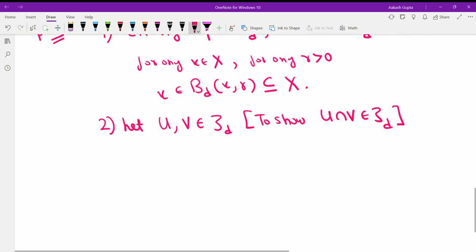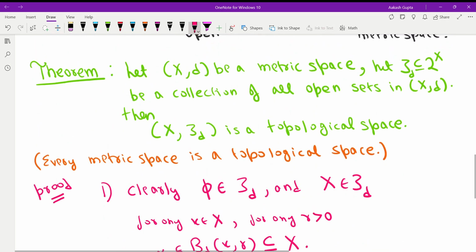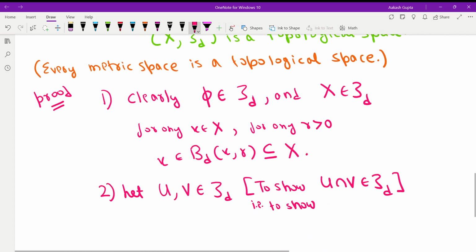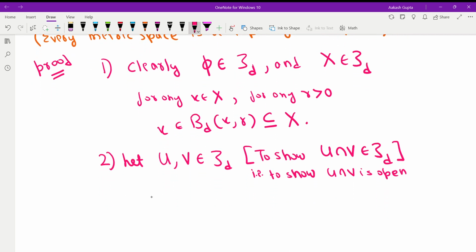Let us see why this is happening. To show that, we need to show U intersection V is open. That is what tau d was, the collection of open sets.